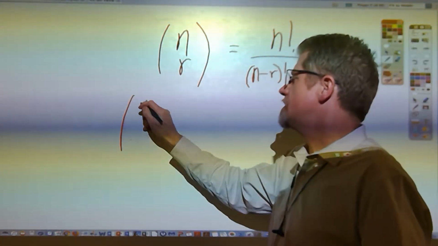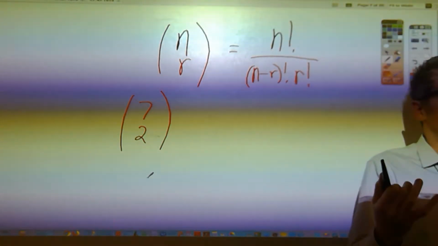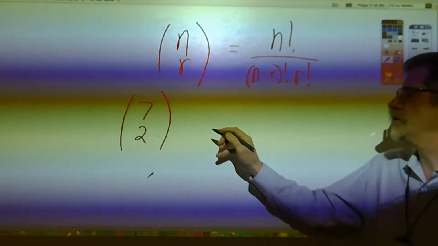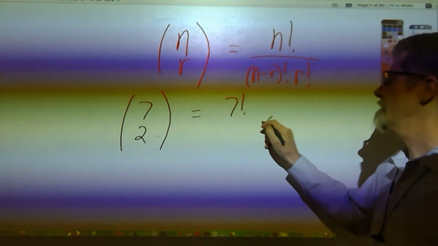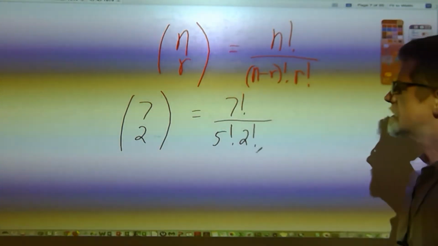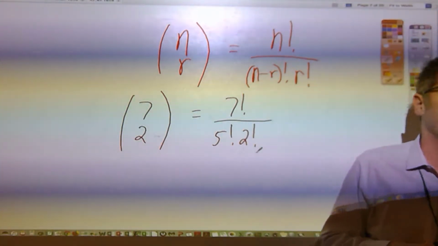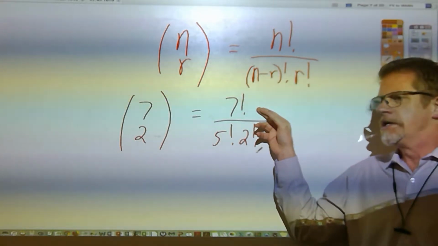Let's take 7 choose 2. What is 7 choose 2? 7 choose 2 is going to be 7 factorial over 5 factorial, 2 factorial. Sometimes students get confused as to what 7 factorial means. Some people think that it means 7!